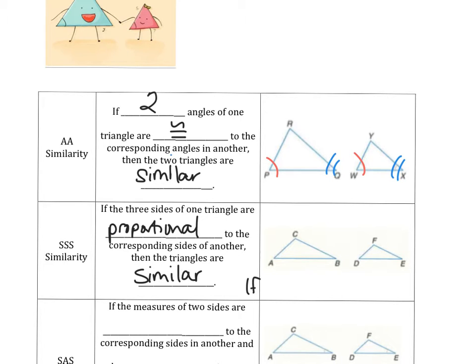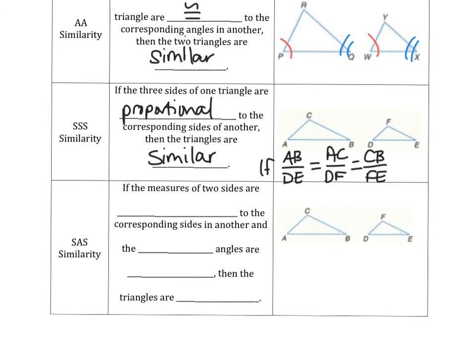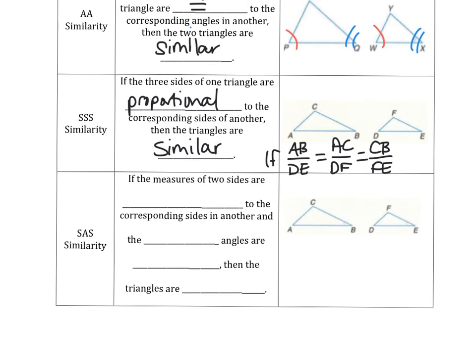So I can write my statement: if AB over DE, that ratio, is equal to AC over DF, also equal to CB over FE, that states that your sides are proportional, therefore your triangles are similar. We learned in the last section that those ratios prove that those triangles are similar.